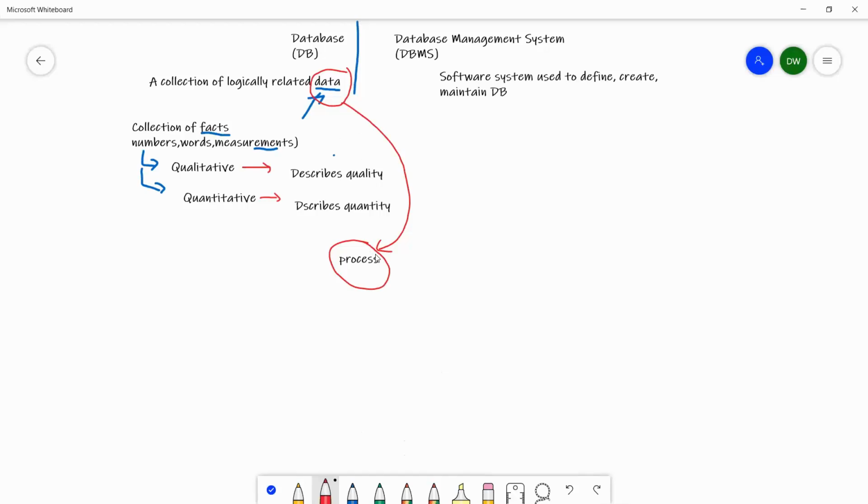Once we process this data, what we have in our hand is information. So information means processed data.